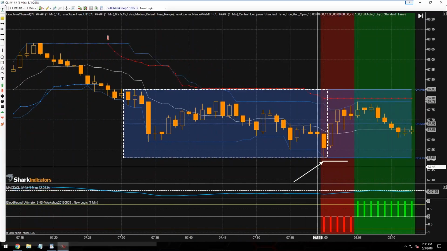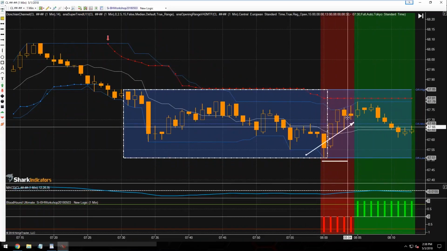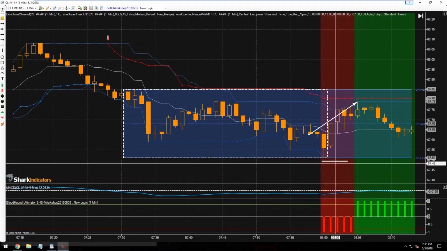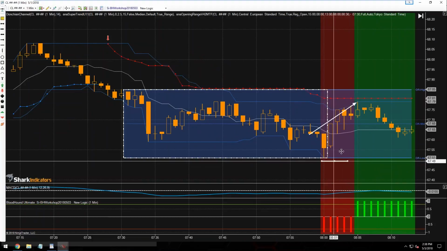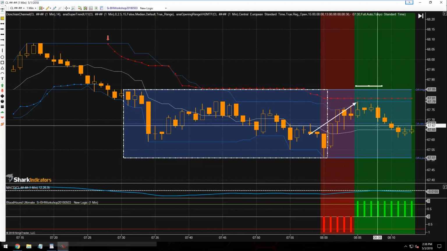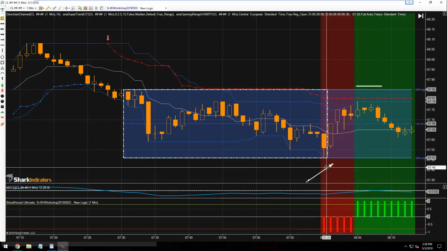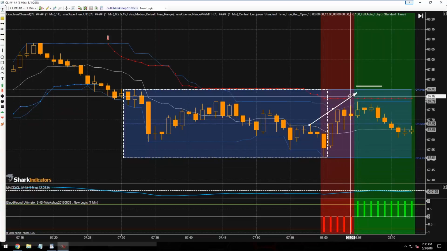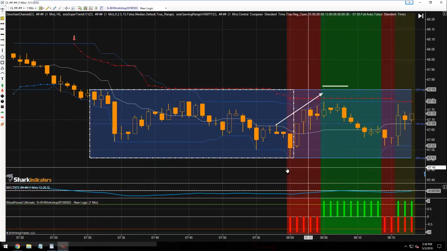Short signal, short signal, short signal, and then BlackBird gets a long signal. So now a long stop entry is placed. So the short would be canceled and the long would be placed.